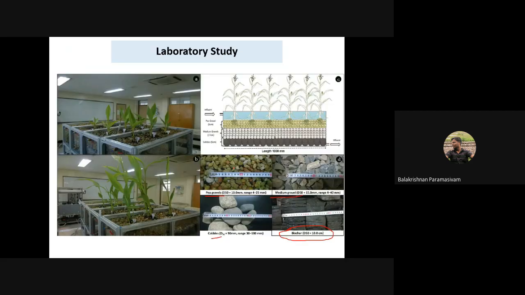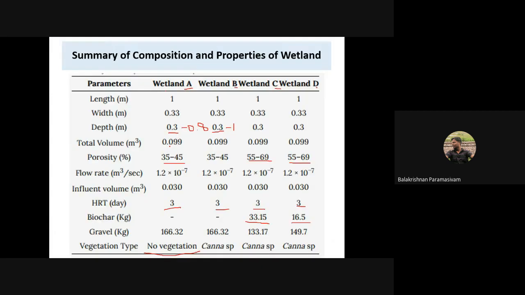You might have seen these plants wherever sewage is flowing; they grow automatically. These plants have a high ability to uptake organic contaminants present in the soil or water, so they are mostly used for constructed wetlands because they remove pollutants.